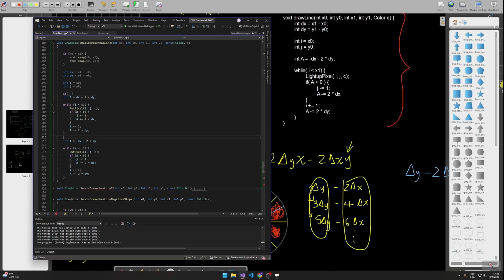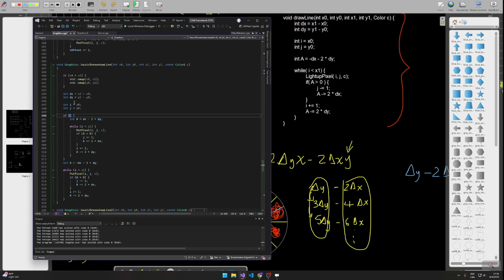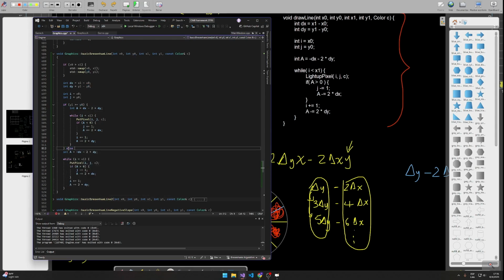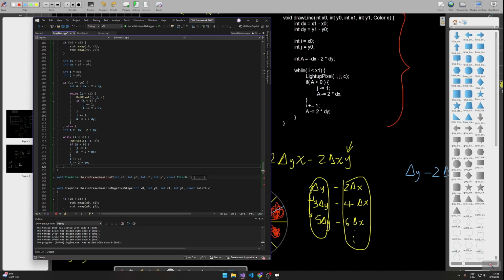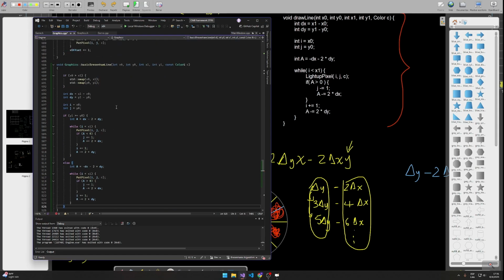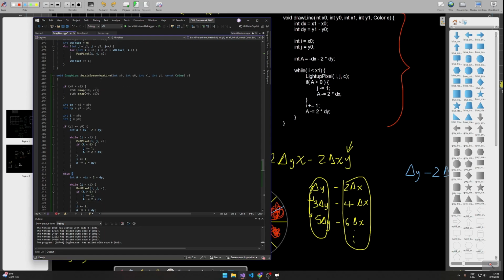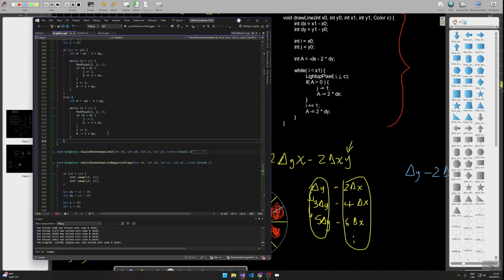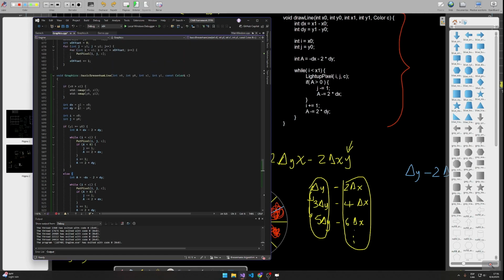This was for a positive slope, not negative, and in this case we would just have to check if y1 is bigger or equal than y0. Okay, else I'm going to have this. Okay, so now basic Bresenham's line is going to help us draw all of the horizontal lines.